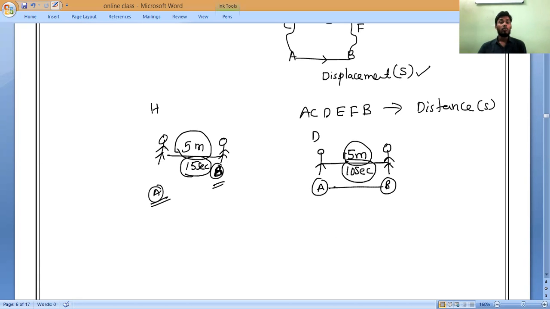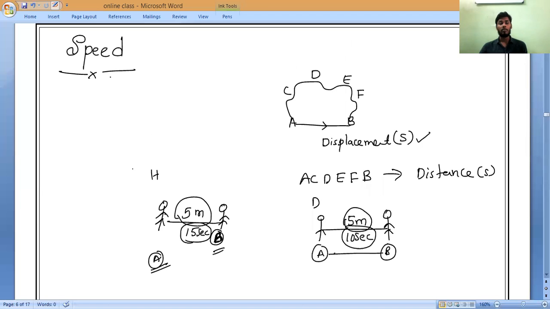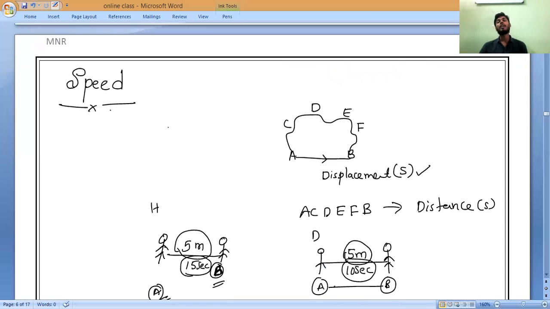Now, why, sir, are you teaching this? We have some connection. Remember, in class 9 you will study one more word called velocity. Velocity is different and speed is different. Be very careful. Speed of an object means total distance traveled. What is the total distance traveled by Harish? 5 meters, per total time taken.